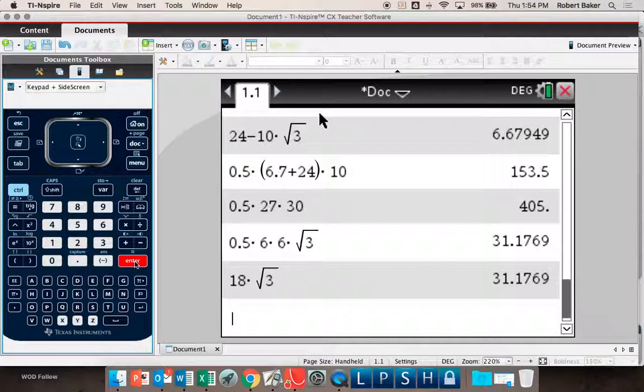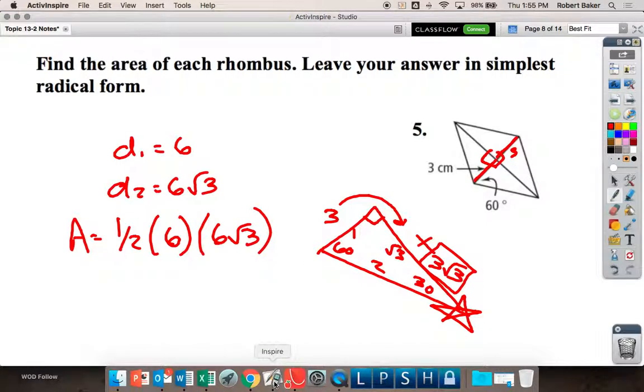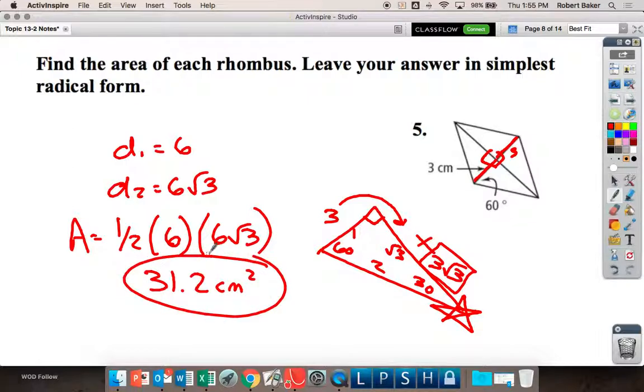Both answers work, whichever you like more. Most of you guys will go to the decimal answer, 31.2 centimeters squared, because it is an area.